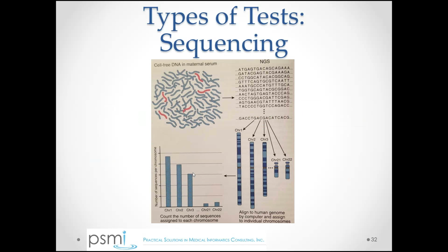One of the applications of DNA sequencing is in prenatal testing. It turns out that our serum contains cell-free DNA. We all have cell-free DNA circulating.